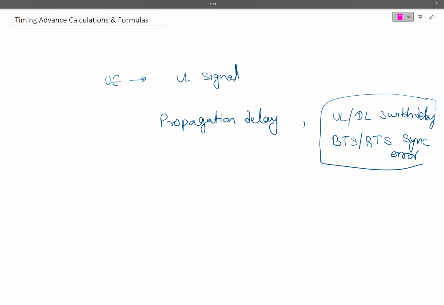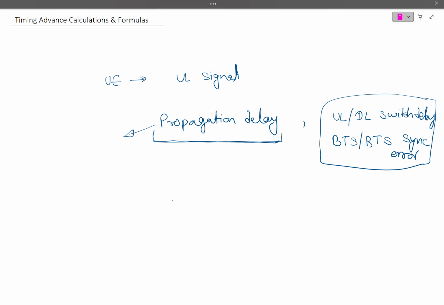Okay, this time is particularly defined and it's fixed based on the deployment scenarios, and this time is always calculated and communicated to the UE, and this also takes care of the round trip propagation, not just the one side.